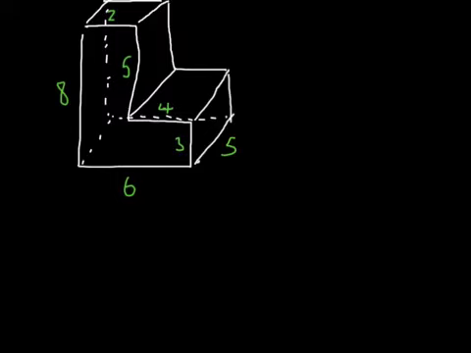So let's figure out the surface area for this one. Well, we have two rectangles here, and that is 2 by 8. So here's 8 times 2, so we can figure out that. That is 8 times 2 equals 16 centimeters squared.